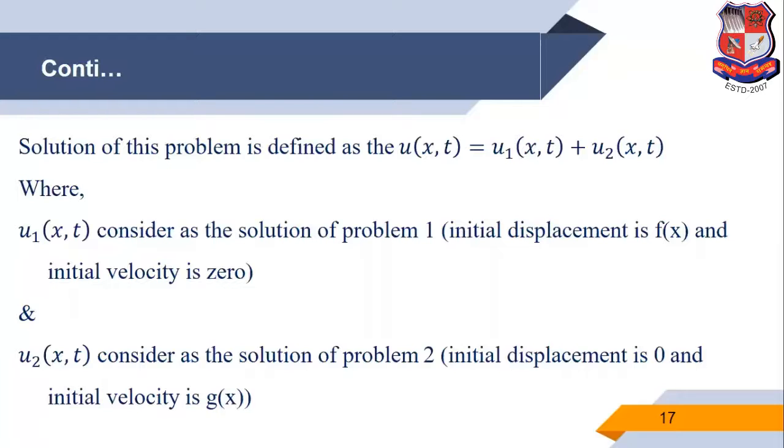Then we discussed the one-dimensional wave equation. There are three types of problem we discussed. One, where initial displacement is given. Second problem, velocity is given, and problem 3, where both are given.